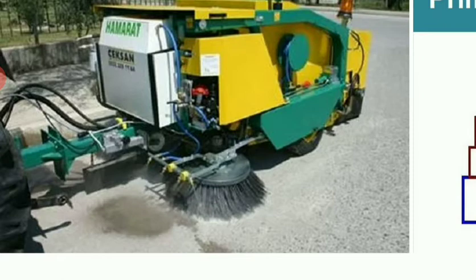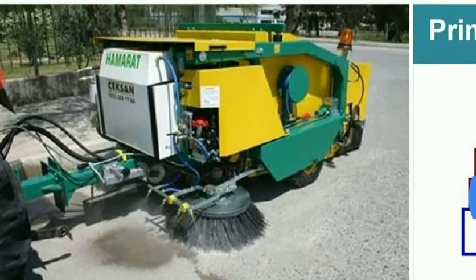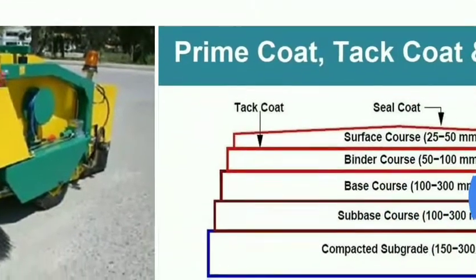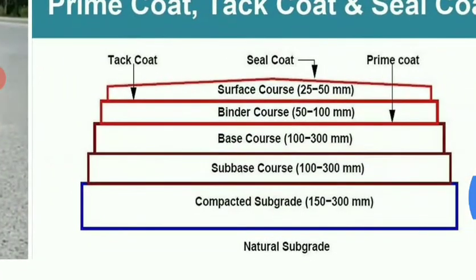Here the preparation of the mix is the same as the bituminous macadam discussed earlier. We have seen the different procedures, how exactly they prepare the bituminous mix. And here you have found two different words, tack coat and prime coat.